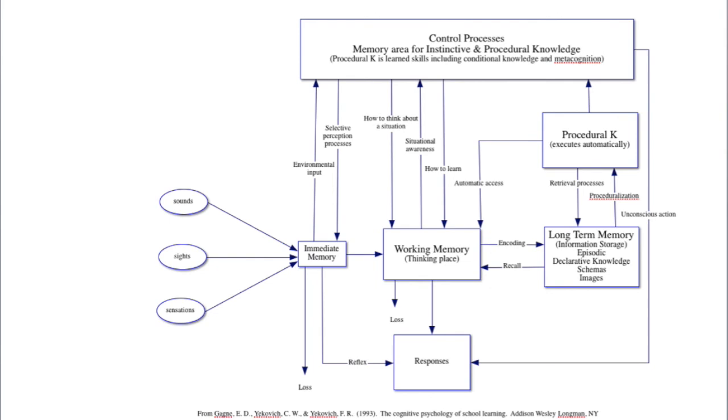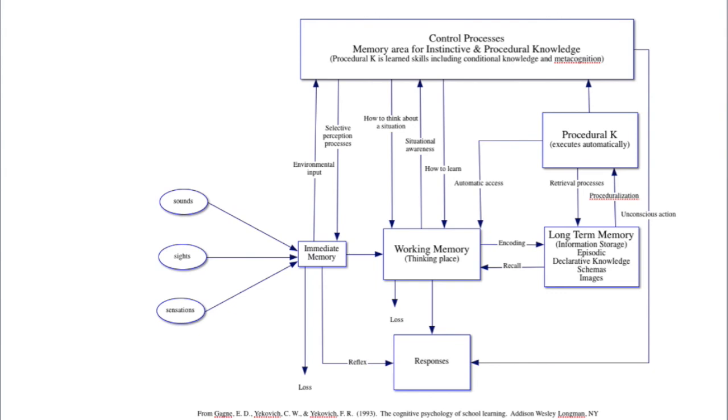So this is an information processing model based on Gagne and Yekovich, and this should help us to account for most of the learning processes that we need to think about and understand as we think about how to use technology to improve learning.